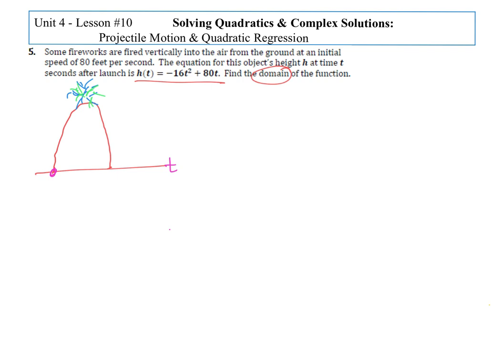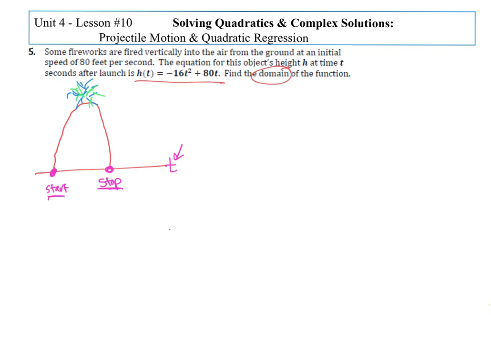They started here, they went up in the air, and then they landed on the ground somewhere. So we want to know the starting and stopping time. Where did it start for time and where did it stop? Beginning and ending. However you want to think of it, that's what our domain is asking. But for which variable? For t, because domain is x's or t's in this situation.